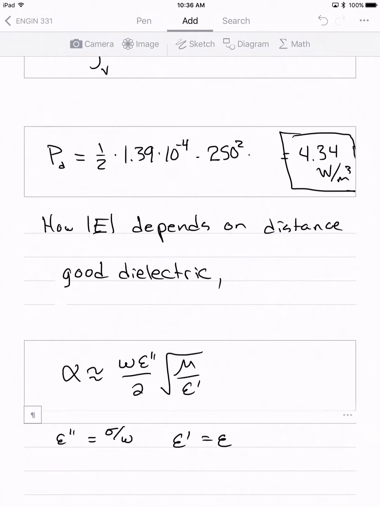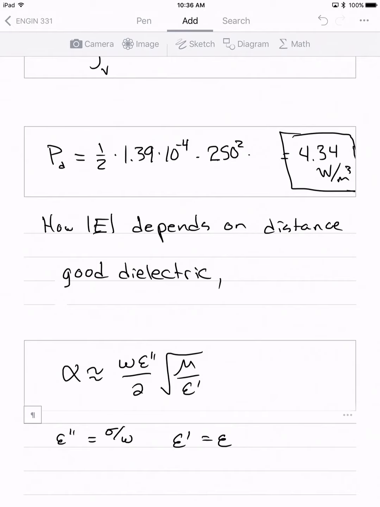We define alpha in terms of epsilon double prime and epsilon prime because sometimes, especially at higher frequencies, loss is not due to conduction. It's due to the time delay and the power that's lost in polarizing and unpolarizing the little particles in your material.